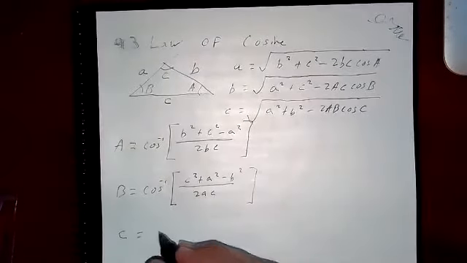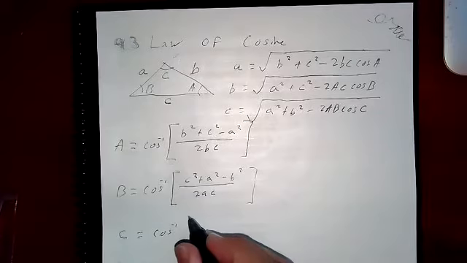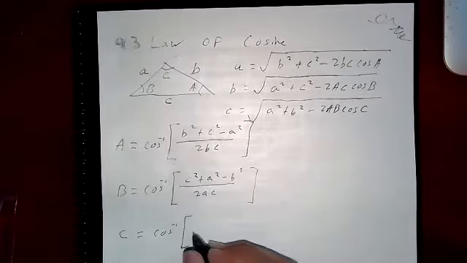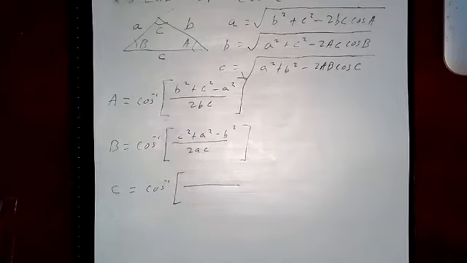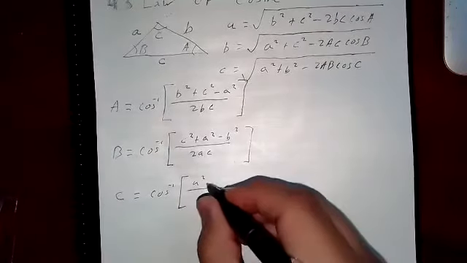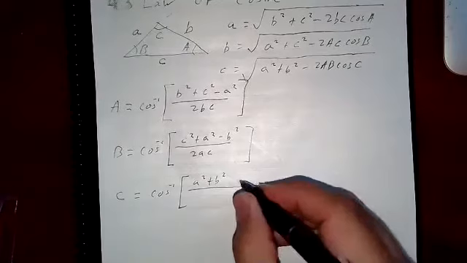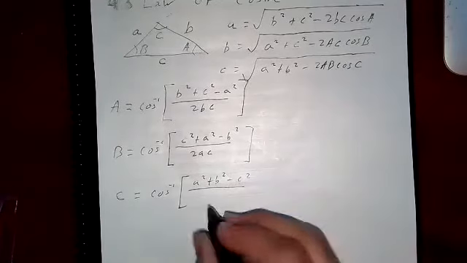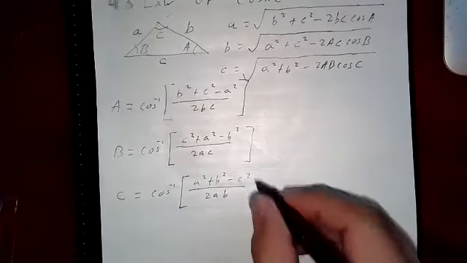Capital C is equal to cosine inverse of a squared plus b squared minus c squared over 2ab.